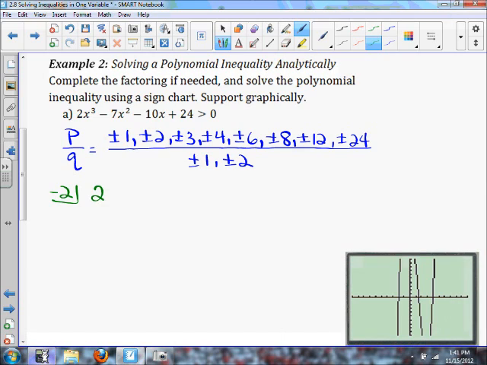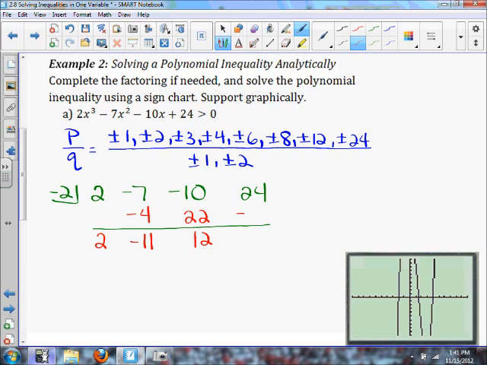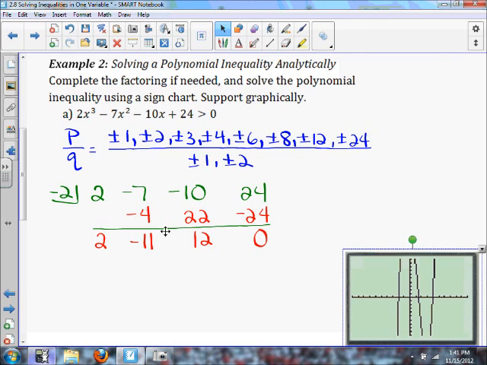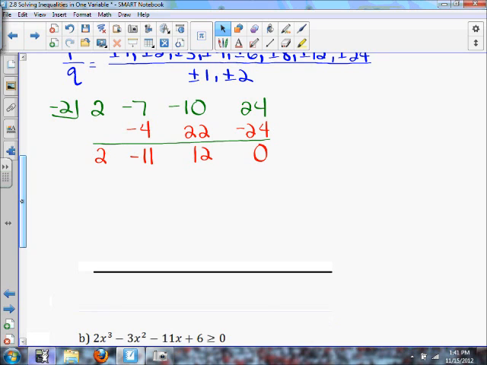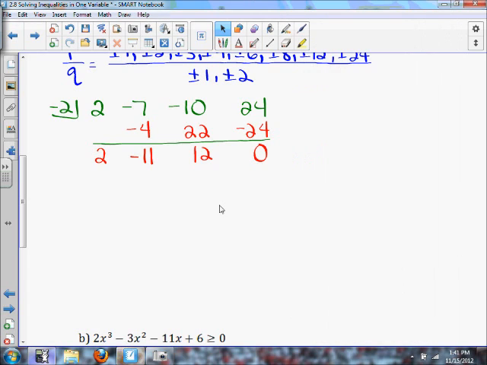Put that into a synthetic division and simplify. So bring the 2 down, we'll have -4 here, -11, we'll have 22, 12, -24, and 0. Now, it also looks like 4 will be a 0.